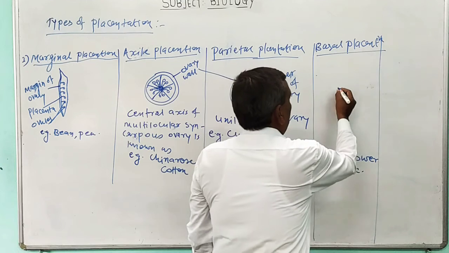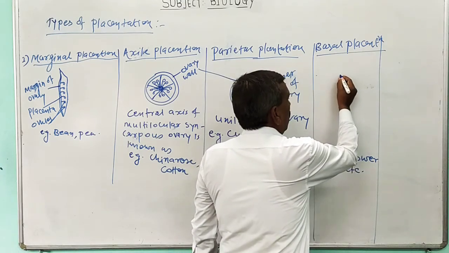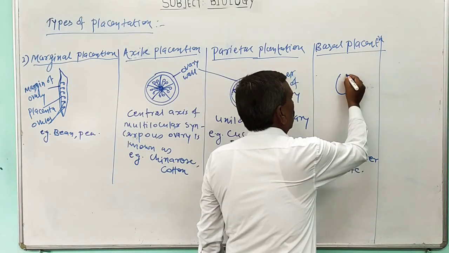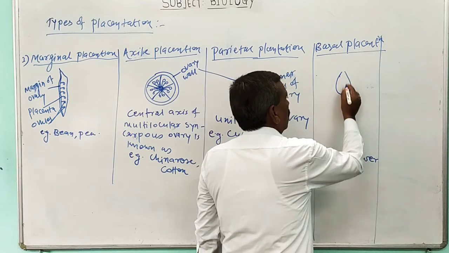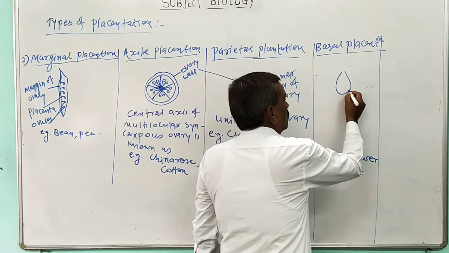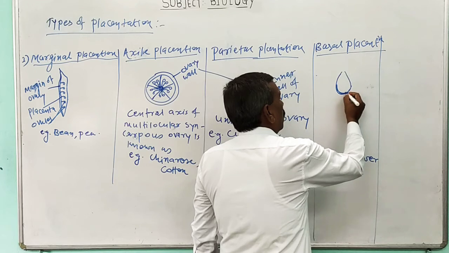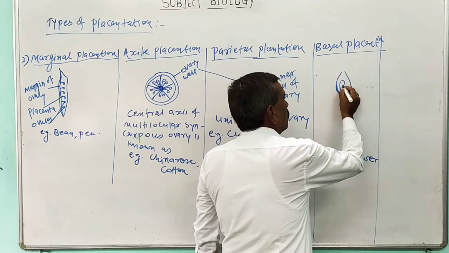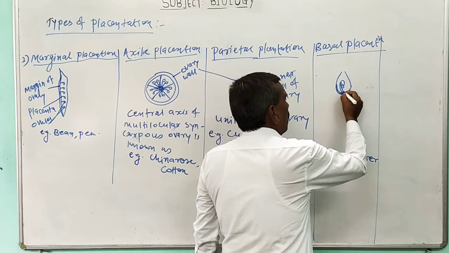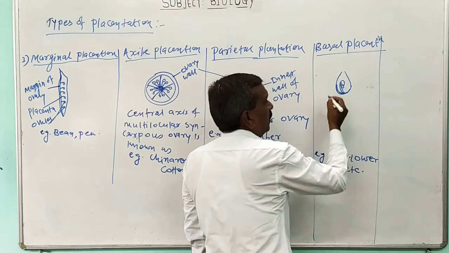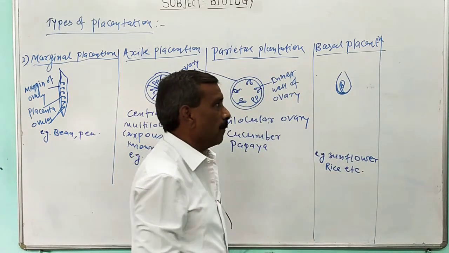In this case, when ovule develops from the base of the ovary, suppose this one is the ovary and this one is the base of the ovary. When ovule develops from the base of the ovary, that placentation is known as a basal placentation.